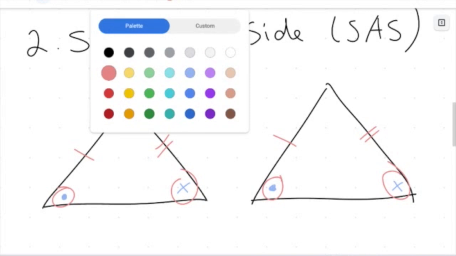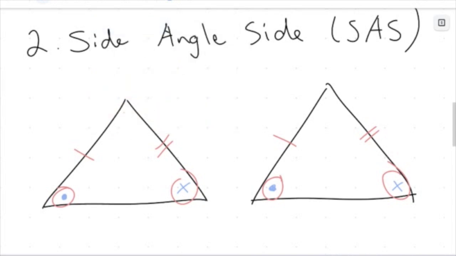So just by having two, it doesn't matter which two, that's enough to tell us that our third angle is equal. Given two angles of a triangle being the same, we know the third is going to be the same because all triangles add up to 180 degrees.